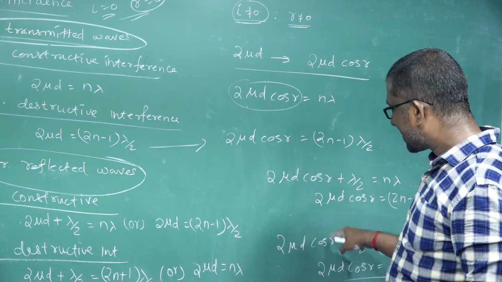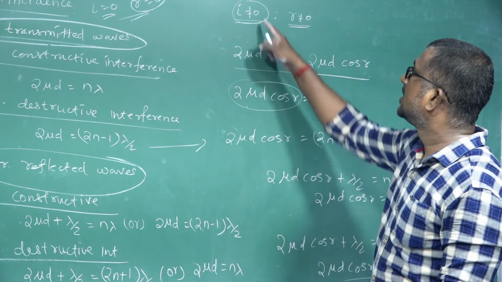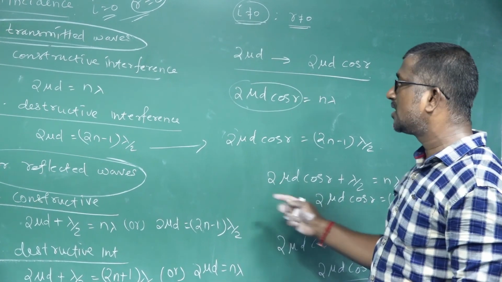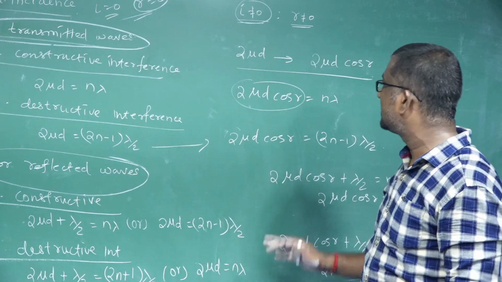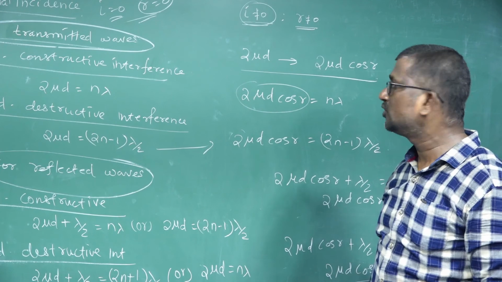These two are the conditions for destructive interference for reflected waves if the angle of incidence is not equal to 0, and the other two are for constructive interference.